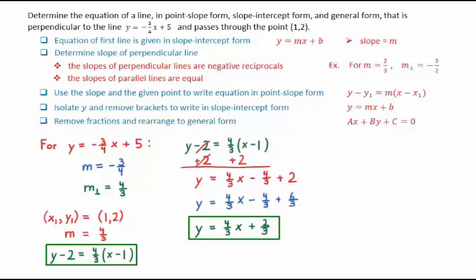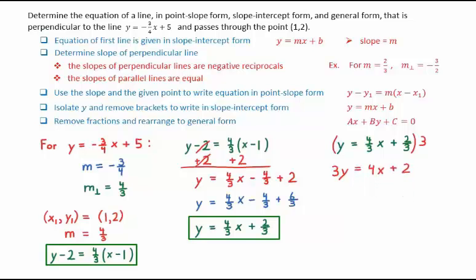For general form, we'll use the equation in slope-intercept form. We'll first multiply by 3, the common denominator, to remove the fractions. This gives us 3y equals 4x plus 2.